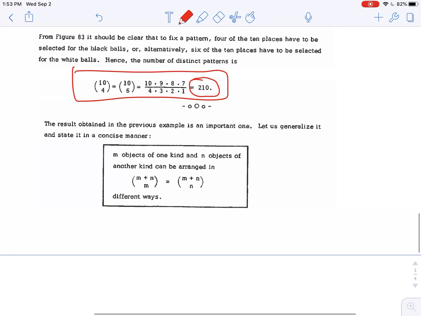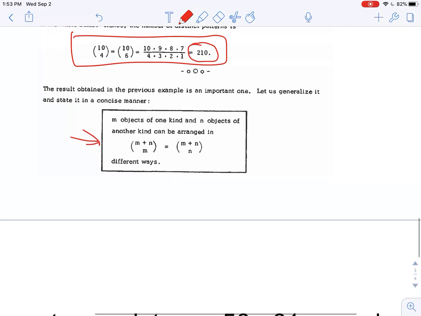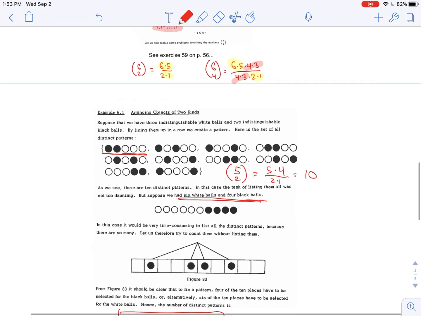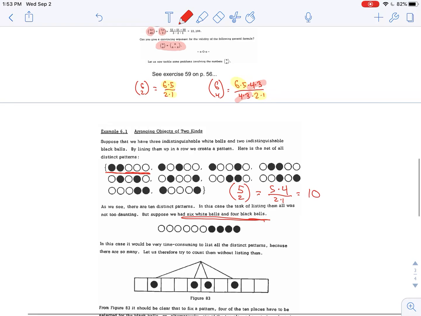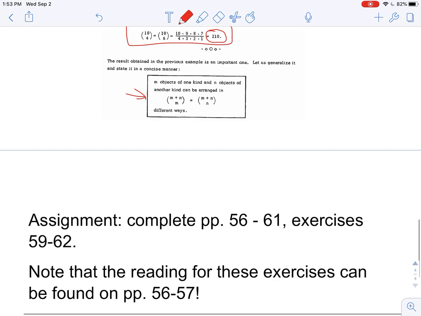See? And as it says here, you can generalize this rather simply as m plus n choosing m equals m plus n choosing n. And that, of course, is what I had said. I think I demonstrated that up here with the 6 choosing 2 and 6 choosing 4, right?